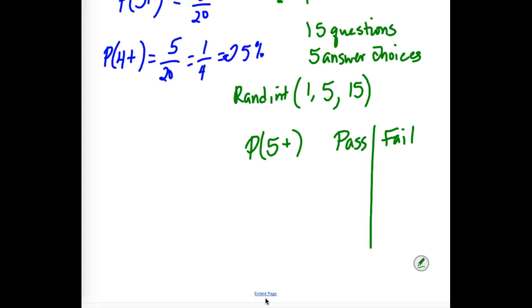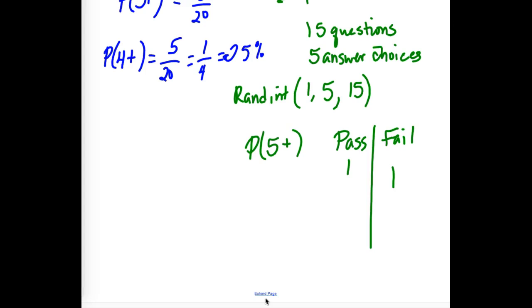So I generate the first list of 15 numbers. I count, how many ones do I have? If I have 5 ones or more, I'm going to put a tally there. If I don't have at least 5 ones, I'd put a tally in the fail column. And as soon as you get 20 tallies, you know you have all your data. Does that make sense? Okay. Questions on using the random integer feature of your calculator?